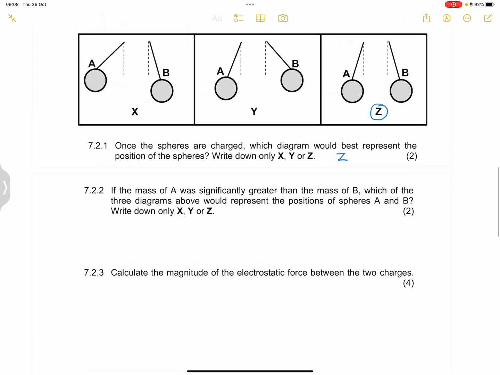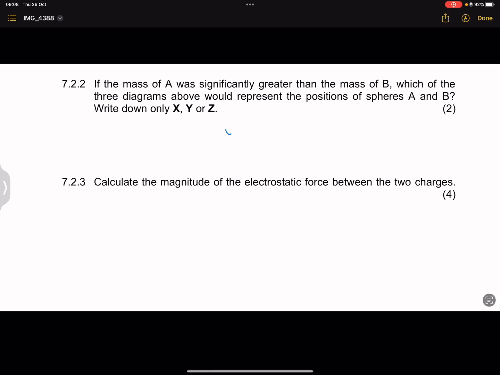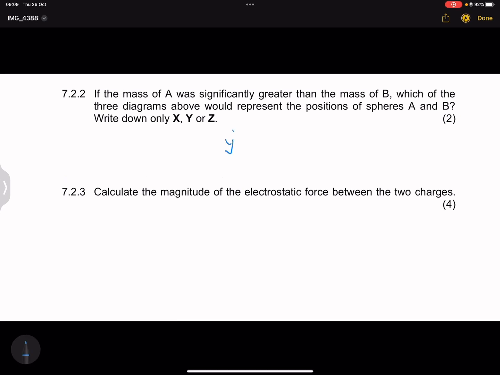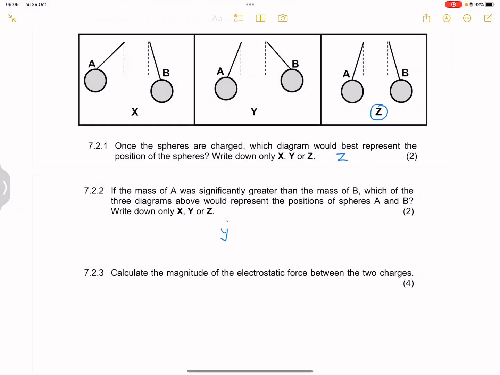If A had a greater mass, it would tend to be displaced a little less than B would. So the best representation in that case would be Y. Remember, B would be lighter.